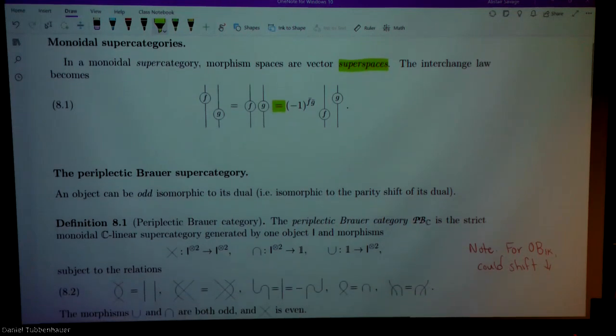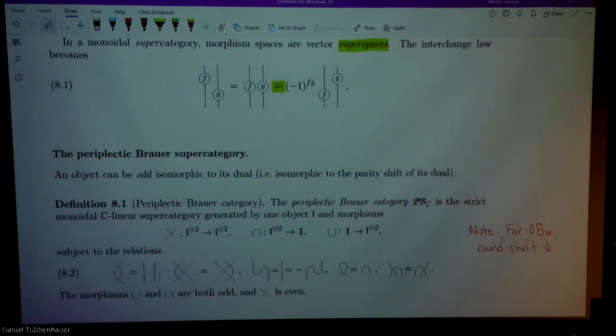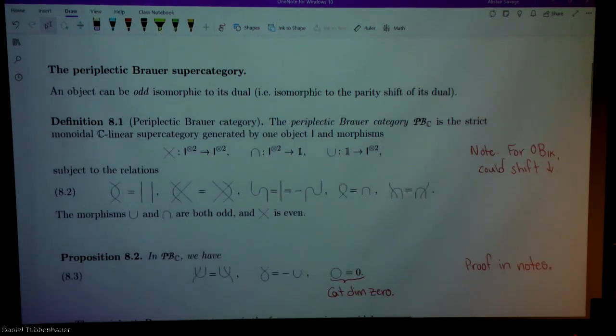But now you start thinking, well, let's examine all the possibilities for how symmetry and duality can interact. An object can have a dual that's different, or a dual that's the same. That's how we got the oriented Brauer and the Brauer categories. But now that you go to this super world, there are a few other possibilities, because an object can be isomorphic not to its dual, but to the parity shift of its dual, where you flip the parities of everything.